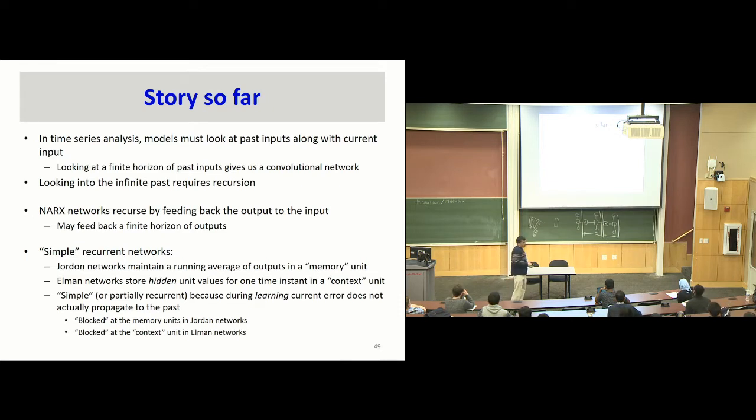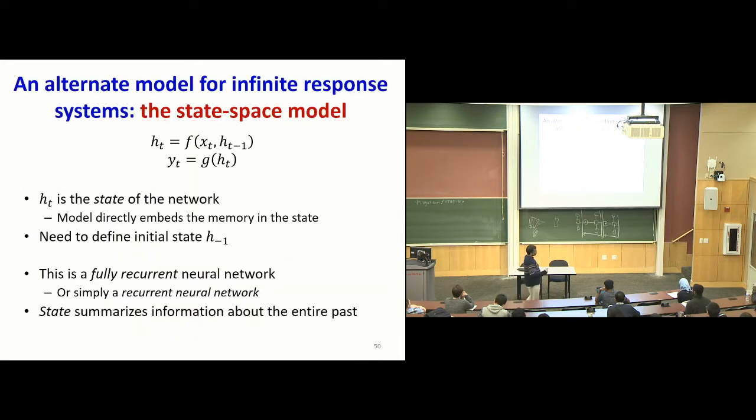Now these are simple or partially recurrent networks because during learning, each block is treated as independent of the other. So the recurrence only occurs during the operational phase. The recurrence is not exploited during the learning phase, right?